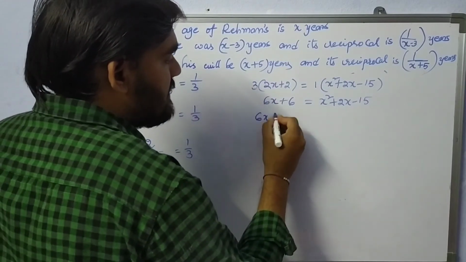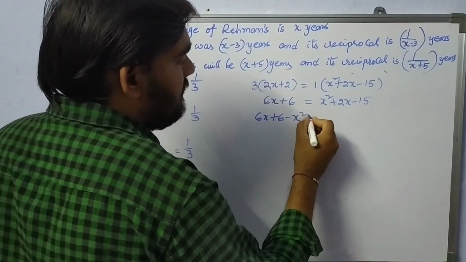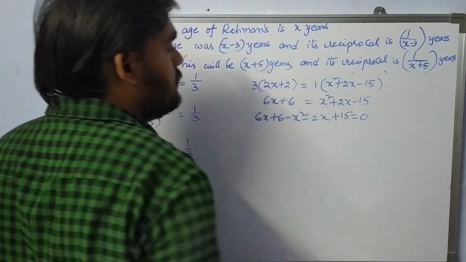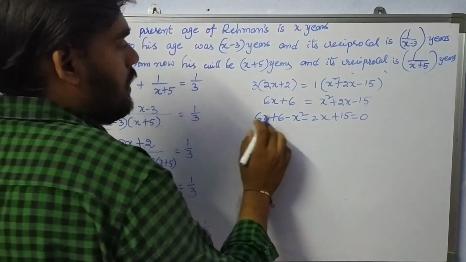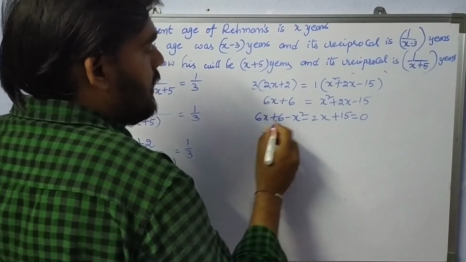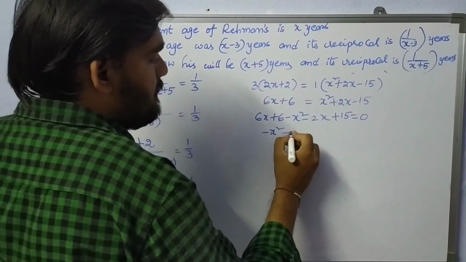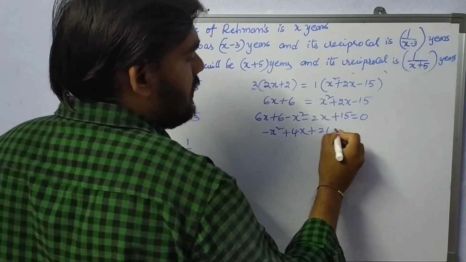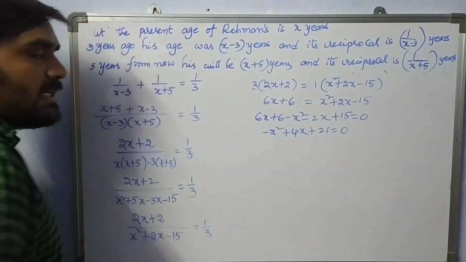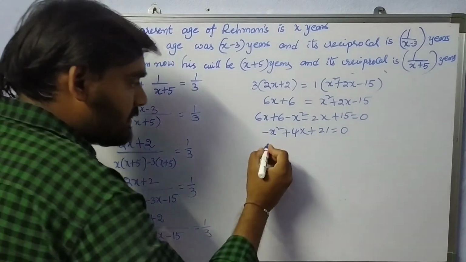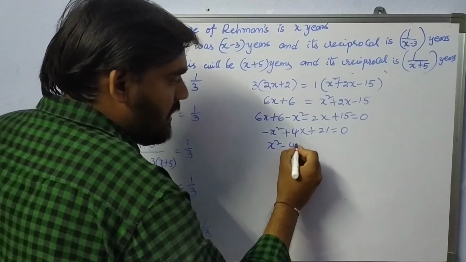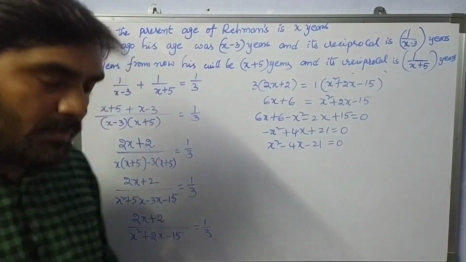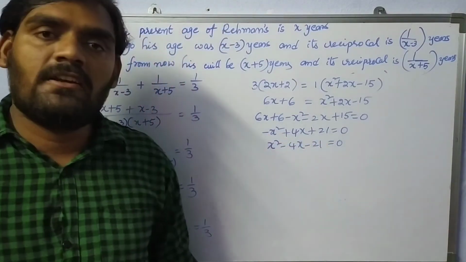So here you will get 6x plus 6 minus x square minus 2x plus 15 is equal to 0. Now minus x square plus 4x plus 21 is equal to 0. If you multiply the entire equation with minus, you will get x square minus 4x minus 21 is equal to 0.